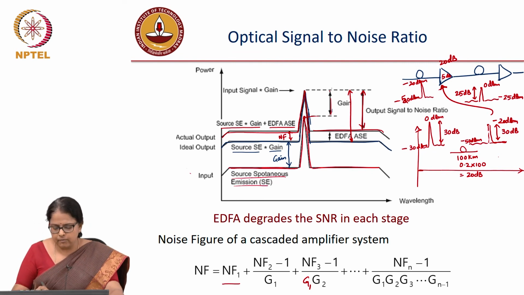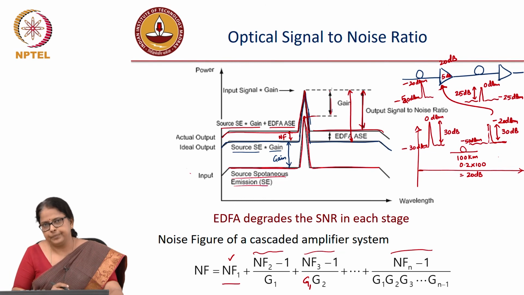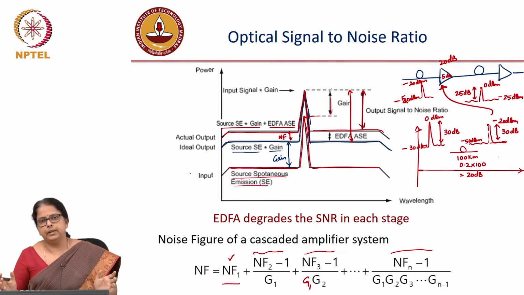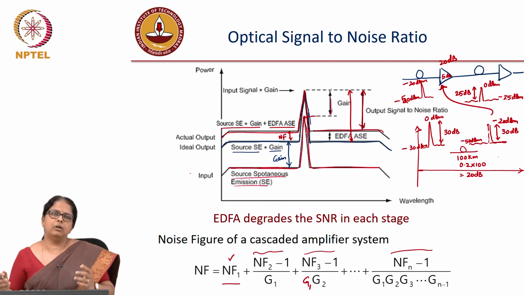So if you have one amplifier, the noise figure is just the noise figure of the first amplifier. If you have cascaded amplifiers, the numbers that you are progressively adding will go on reducing. So you need to calculate appropriately the SNR degradation depending on the number of amplifiers that you have in the system.